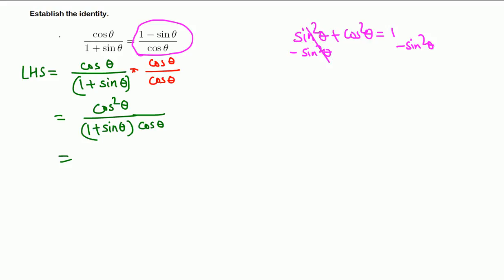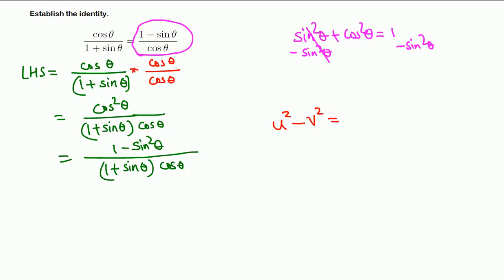So let's do that. On the bottom we have 1 plus sine theta times quantity cosine theta. We can write that in front, it does not matter. So cosine squared is 1 minus sine squared theta. Do not cancel anything because this is a block. Now 1 minus sine squared is a difference of two squares, like 1 squared minus sine squared, and we know that when we have a difference of two squares like u squared minus v squared, we can factor as u plus v times u minus v.